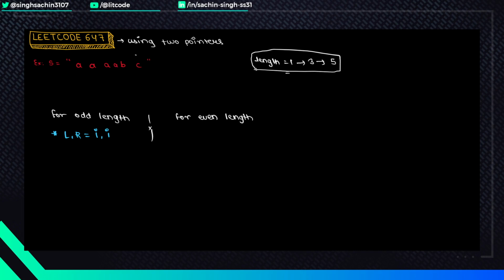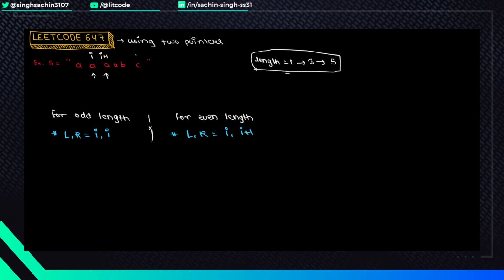For even lengths, I'll point the left pointer to I, let's say this is I, and the right pointer will point to I plus 1. So the difference is in the initialization, that's it. The logic remains the same, that we are trying to expand our boundaries as much as we can.